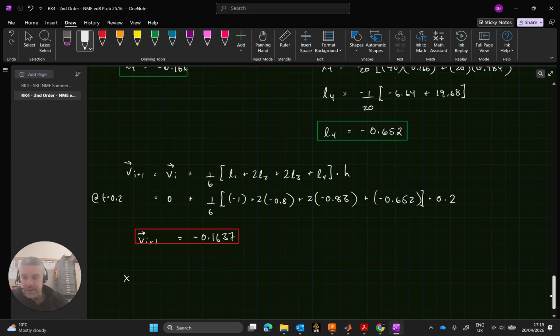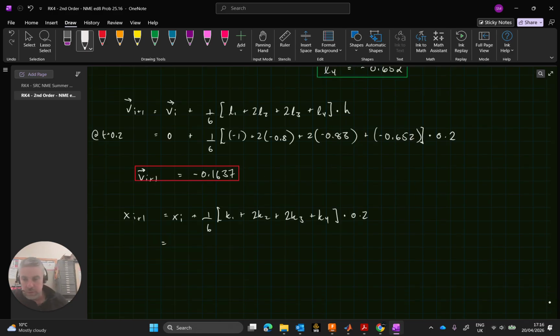Next one is for x. X of I plus 1 is equal to x of I plus 1/6 of the k slopes. So this is the dx dt function; dx dt is our f function. Our f uses our k slopes, which will be 1/6 of k1 plus 2k2 plus 2k3 plus a single k4, multiplied by 0.2. Our initial x value is 1.